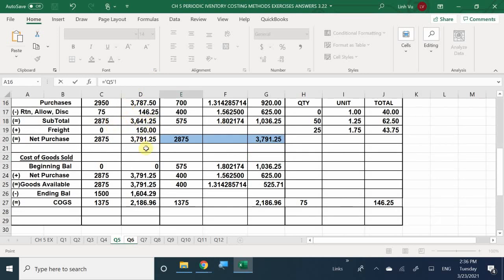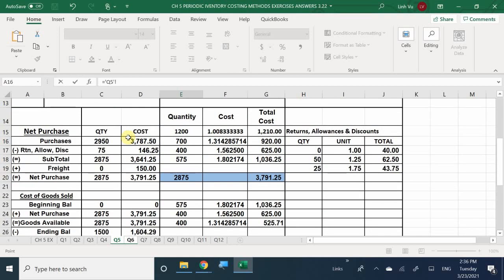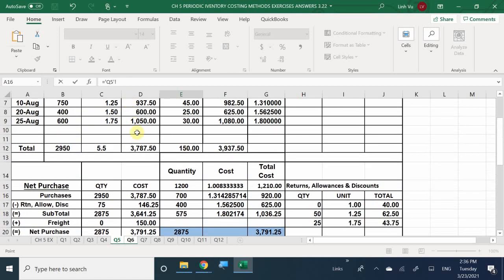And what was my original purchase price? $29.50. Where did you get that? I got it from the top. Okay, so the purchase price is this section here, not this one. That's the unit price.